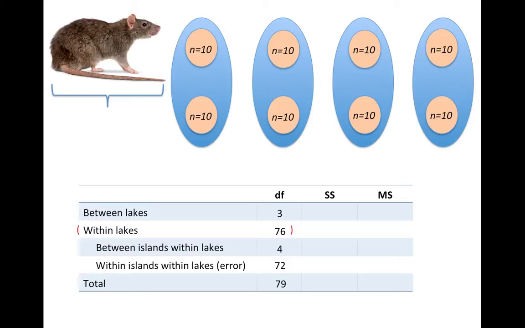And the reason why we do this exercise with degrees of freedom is that it's actually not particularly difficult. And if you know what the degrees of freedom are, you can easily check that the statistics software you're using actually does what you think it does.